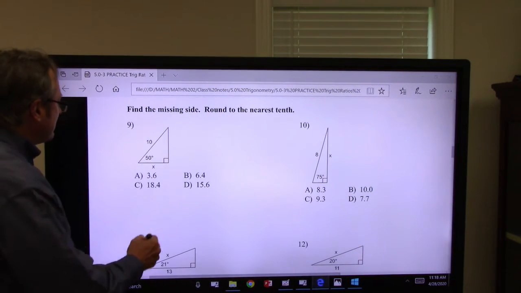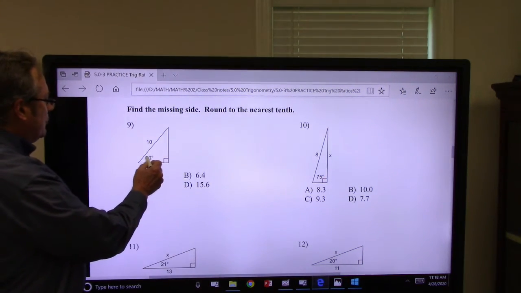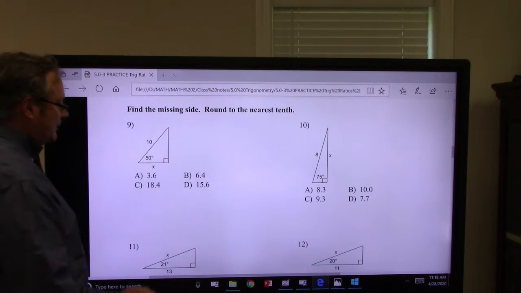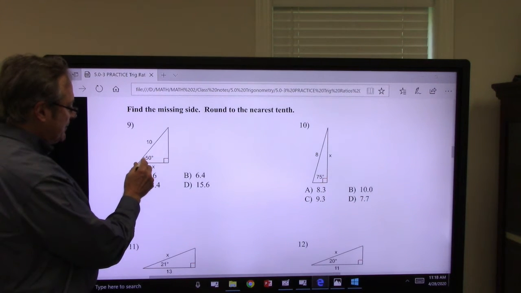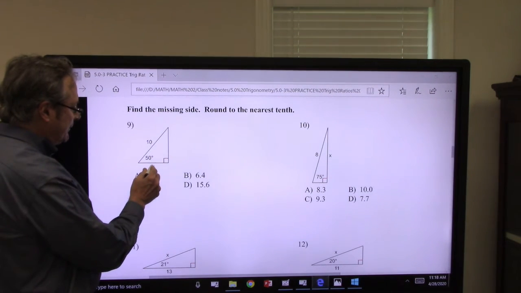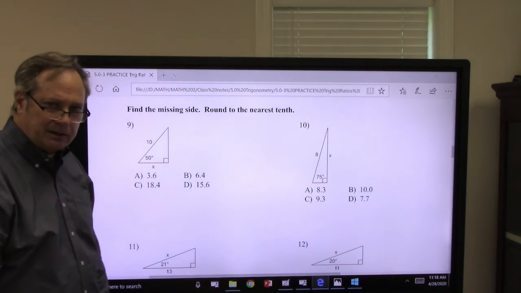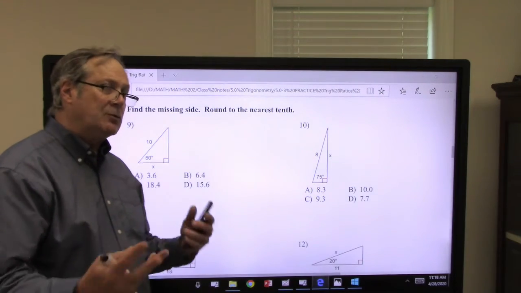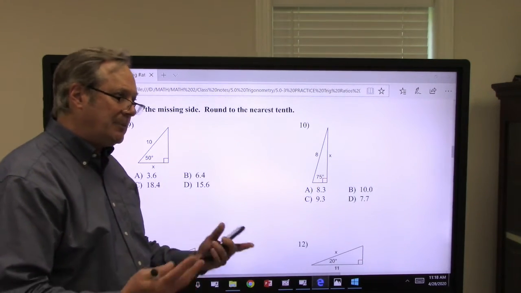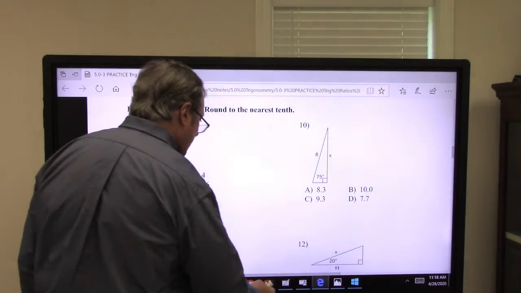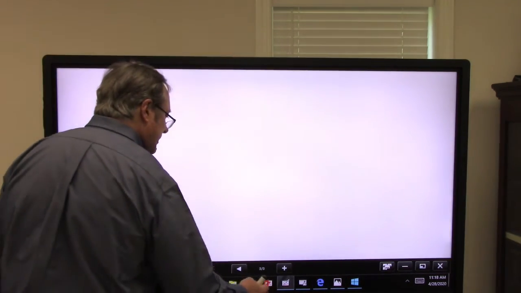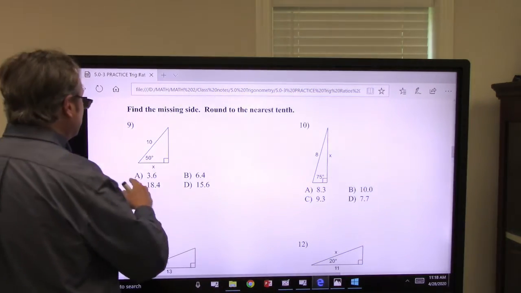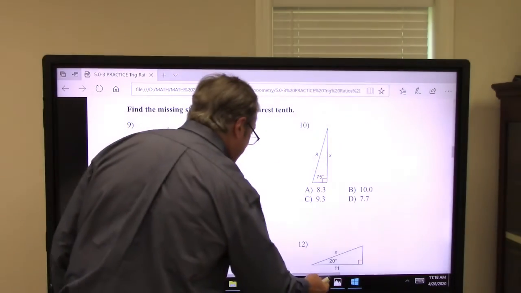All right, we want to find the length of this side. And we say to ourselves, okay, dealing with angle 50, I have an adjacent side and a hypotenuse. Which trig function would that be? Adjacent over hypotenuse. And hopefully you remember that that's cosine. So that was 50 degrees, 10 over x.